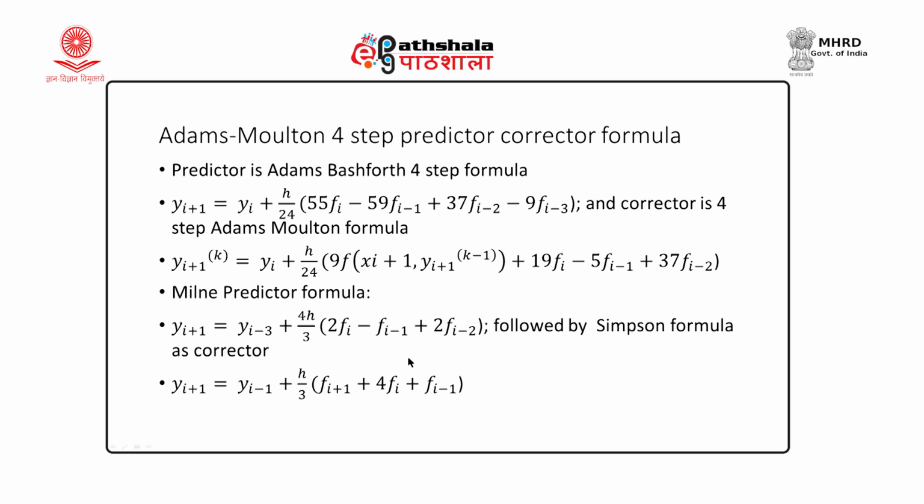This corrector formula is iterative; you apply it again and again until you get the desired accuracy, but again the same principle holds: more than 2 implementations of the corrector formula is not desired, and that will mean reducing the step size.